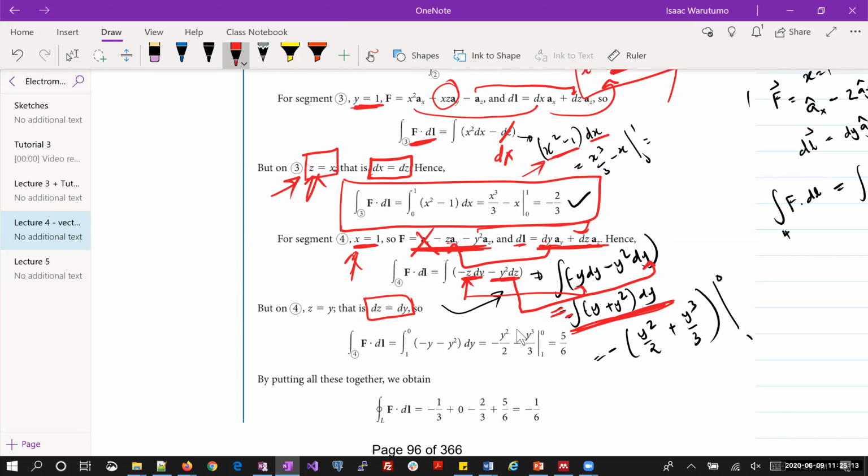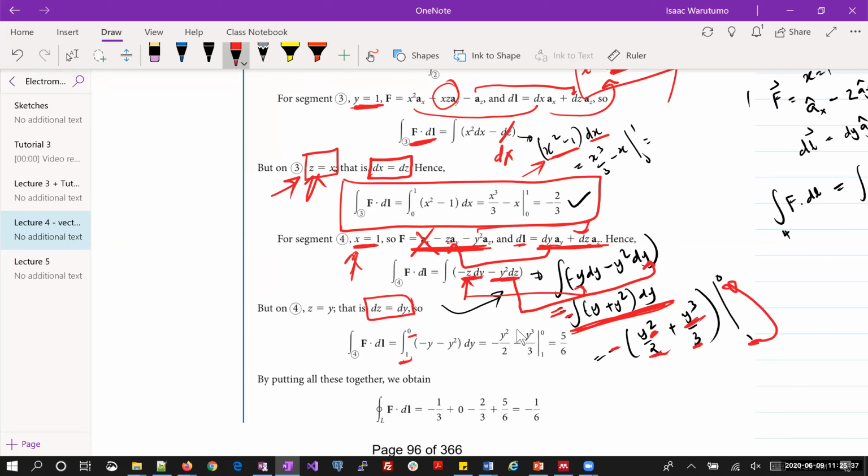So once you do this integration, you simply end up with negative y squared over 2 plus y cubed over 3. And remember, our limits of integral were from 1 to 0. So I just put my 1 to 0 there.